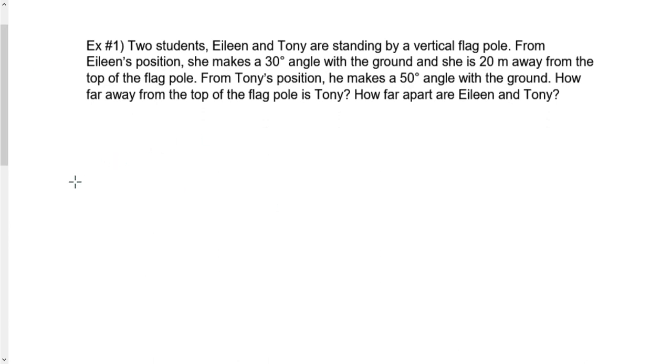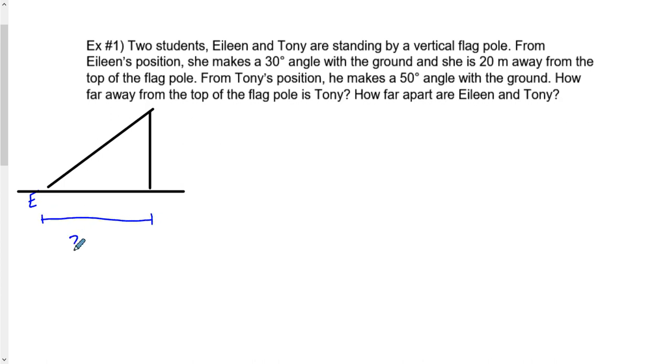So we have Eileen and Tony standing by a vertical flagpole. So we have a flagpole, straight vertical. It says Eileen is 20 meters away. So on the ground, we can say that from here to here is 20 meters, and she's making a 30-degree angle with the ground.